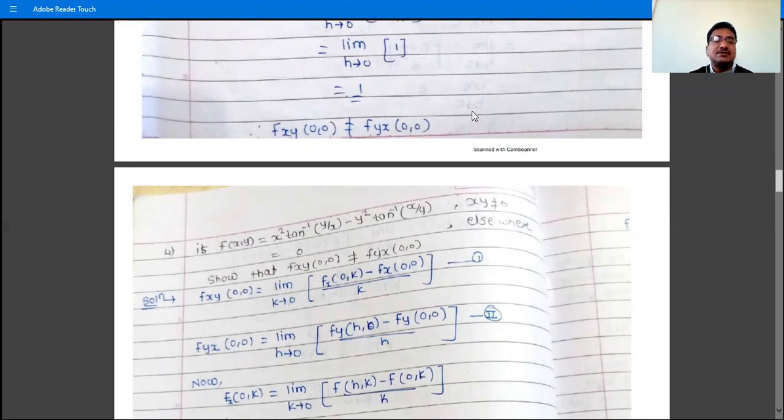These 3 theorems give conditions when ∂²f/∂x∂y and ∂²f/∂y∂x, that is fxy and fyx, are the same. In the next lecture, we will see some more problems of this type and the statements of these 3 theorems: Schwarz's theorem, Young's theorem, and Clairaut's theorem.